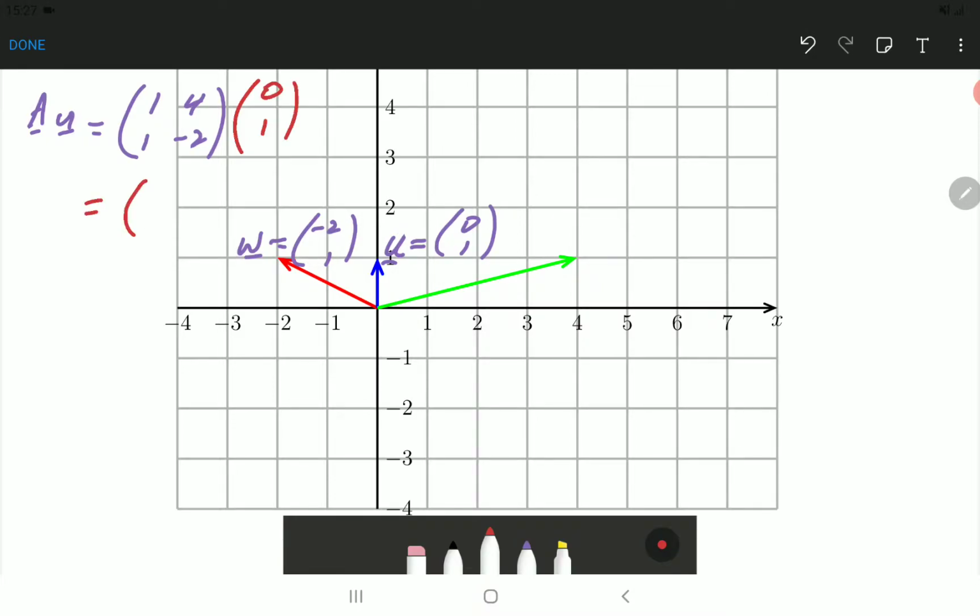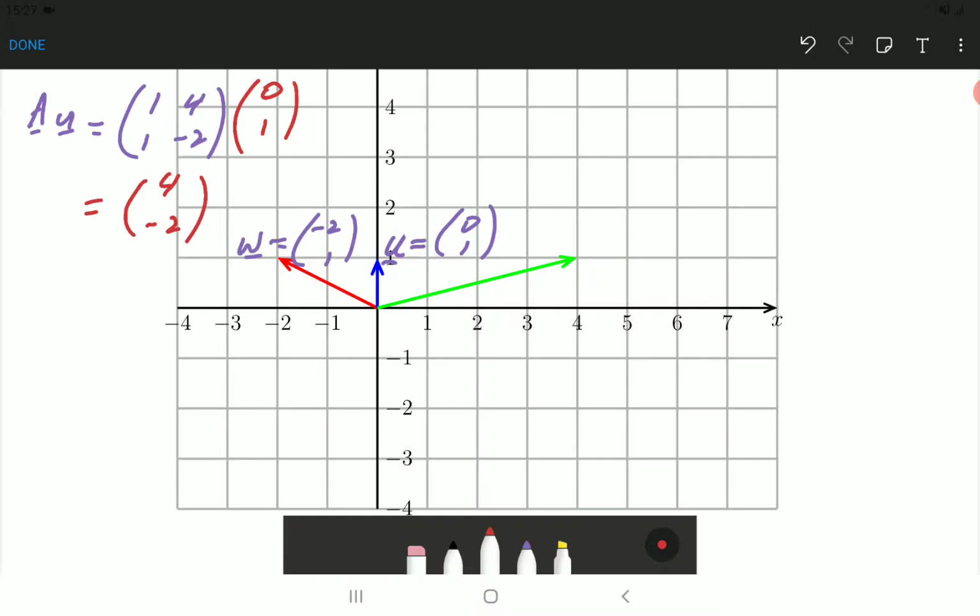When we do this, it's going to be 4, and this is minus 2. So what this is telling us is that the image of u under the action of A is 4, minus 2.